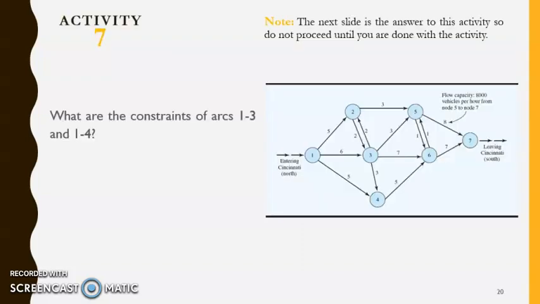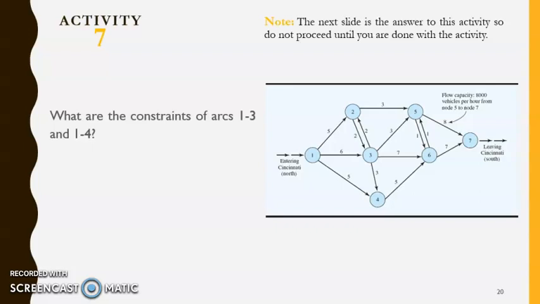After that, it asks you about the constraints of arcs 1, 3 and 1, 4. The constraint related to them is very similar to the previous one. For 1, 3, it says the capacity is 6, and for 1, 4, it says the capacity is 5.